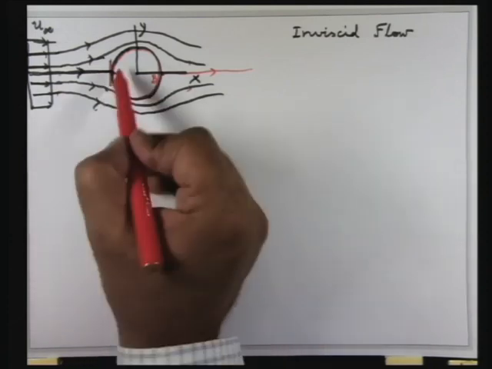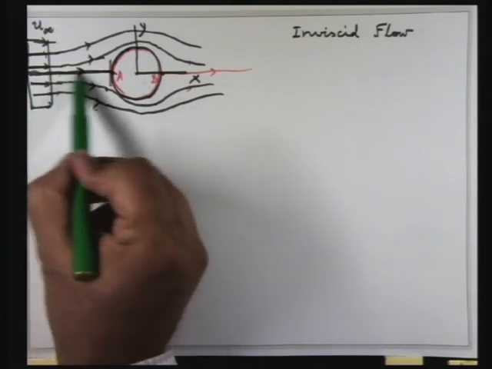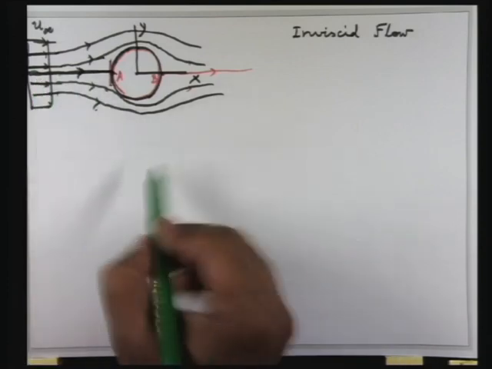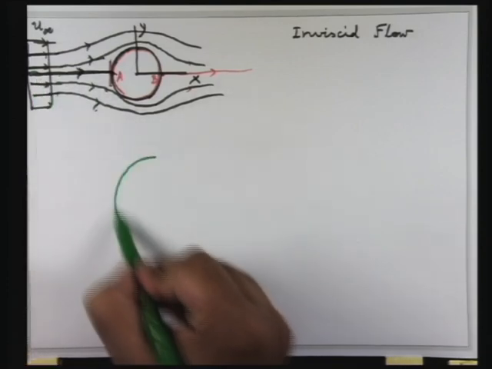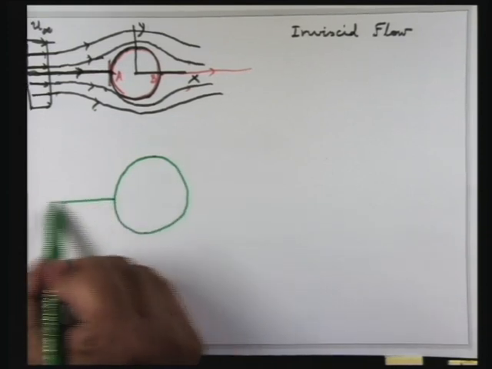Now suppose I ask you to find the pressure at this point A. If you use Bernoulli's equation along a streamline, you can use it along this streamline. Let me draw another figure here. This is the streamline, let us say.